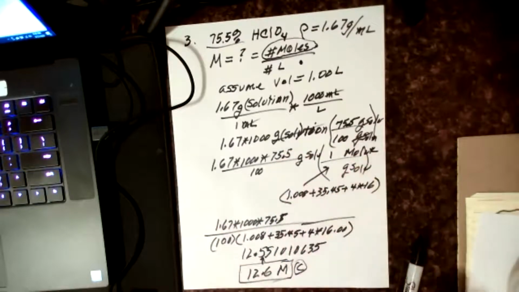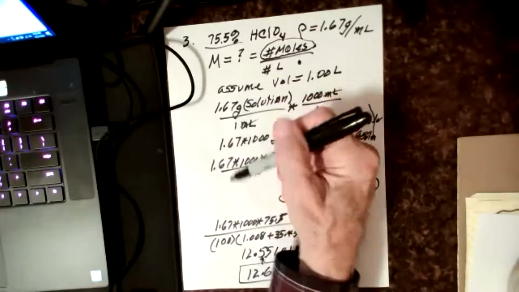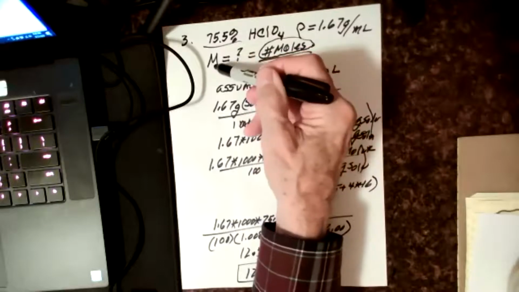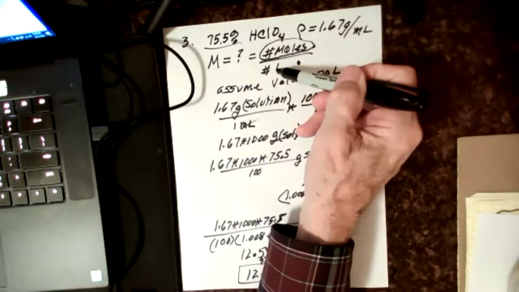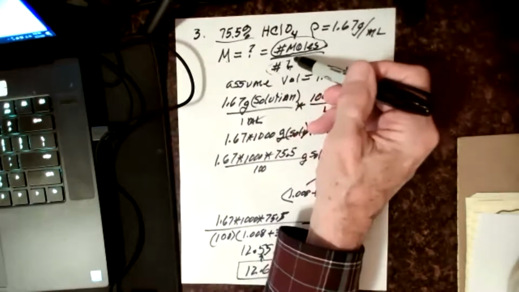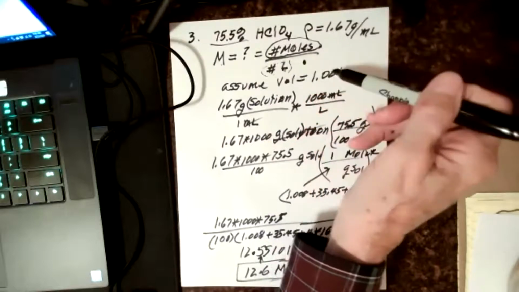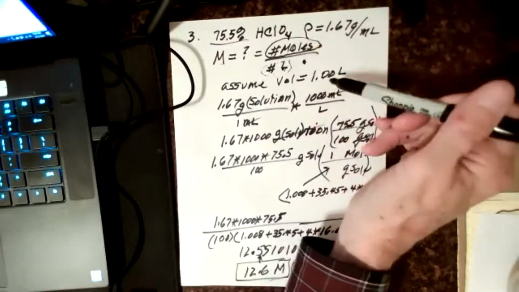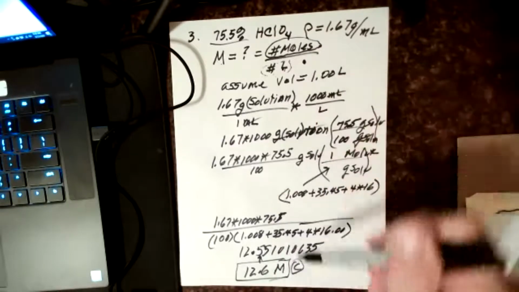That's important. But remember where you're going, and then every step makes sense. Where you're going is, I want molarity. I need number of moles over number of liters. I need 2 numbers that I divide out. So I'm going to make this denominator a 1. I do that every single time. And then I'm calculating the number of moles in 1 liter. That will be molarity.